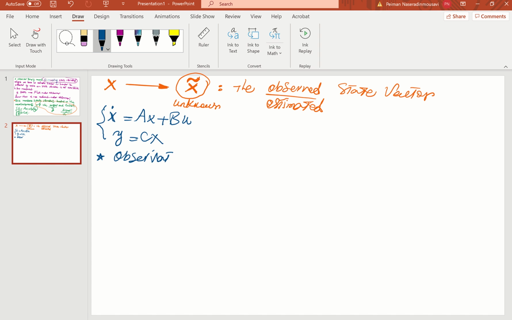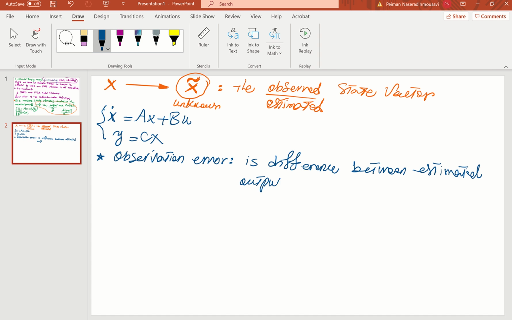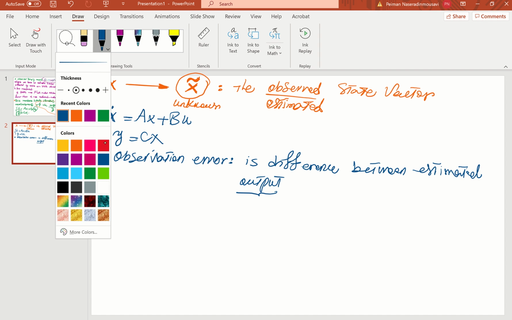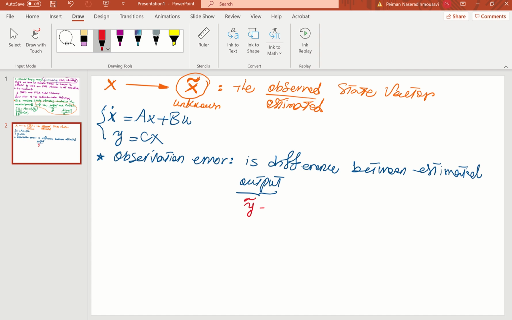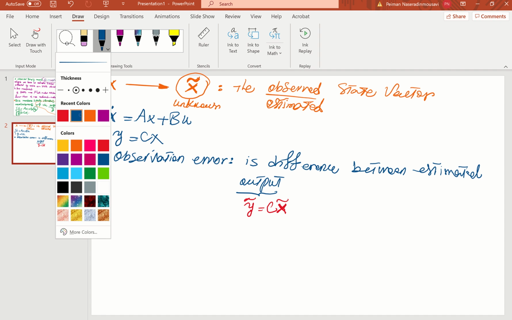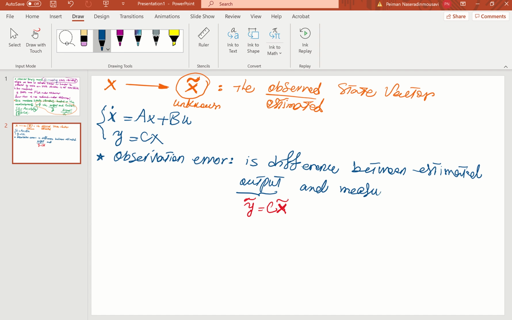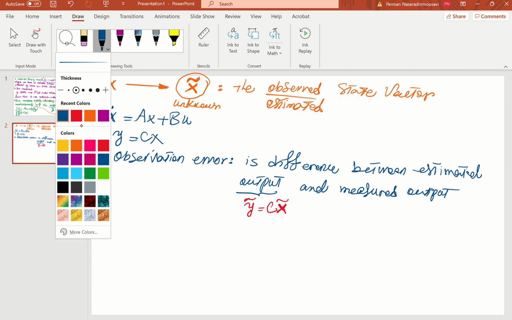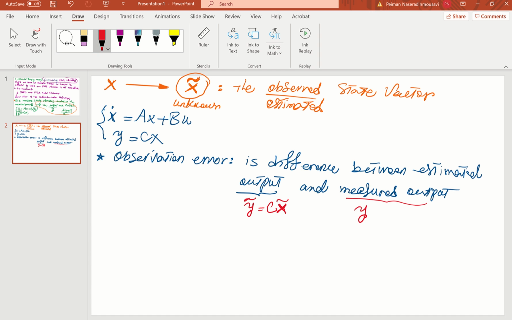Observation error is the difference between the estimated output, y hat, which is equal to C x hat, and the measured output, the real one that we measured, which is y.